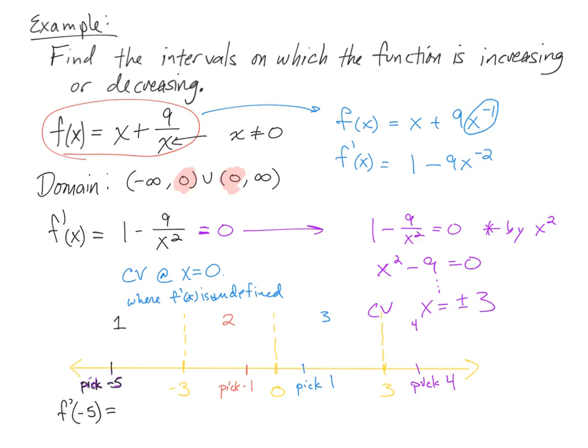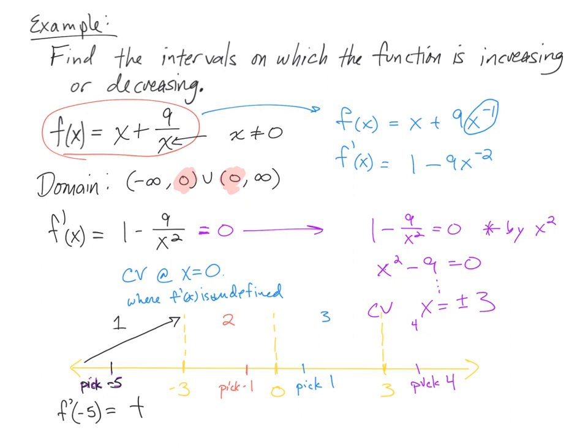If you go back and look at step 4, it says if f prime is bigger than 0, then the original function is increasing. So when you substitute negative 5 into the derivative here, you will get 1 minus 9 over a positive 25, which ends up being positive. So I know here this function is increasing in this particular interval.